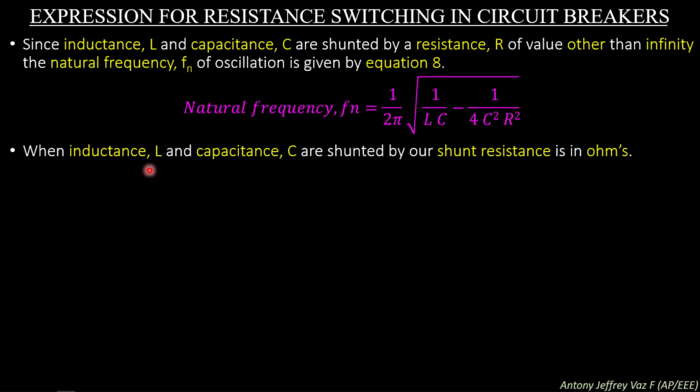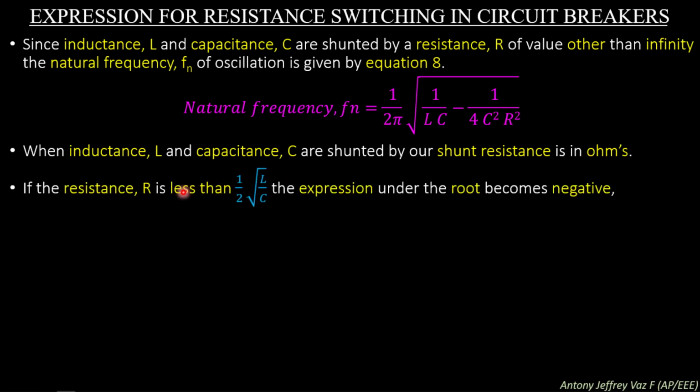When inductance L and capacitance C are shunted by the shunt resistance, which is in ohms, the shunt resistance connected in the circuit breaker will be in ohms.